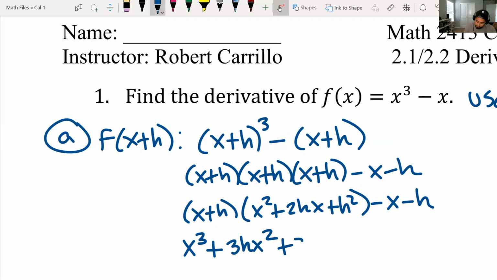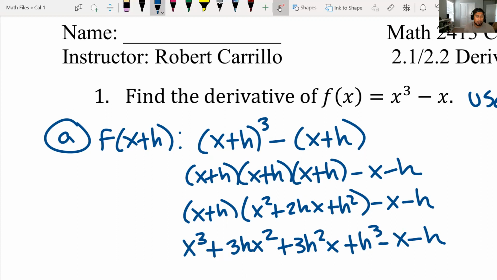So this means I'll get 3h squared x. And then after the final thing, I'll have plus h cubed minus x minus h. All right. So I did skip a little step in there, but we should be comfortable by now foiling all of that out. Okay. And that ends step A.